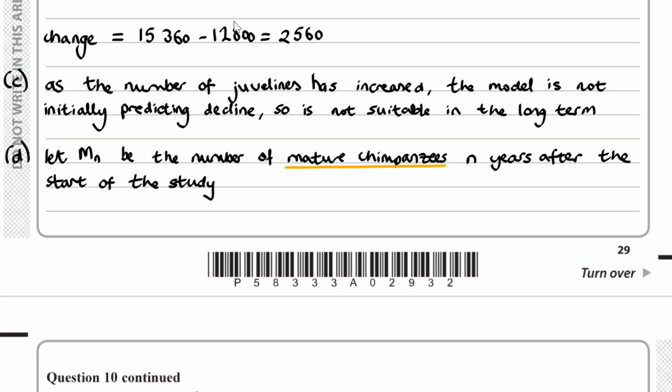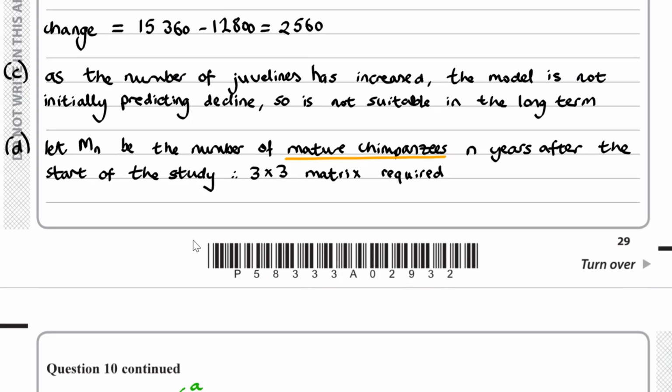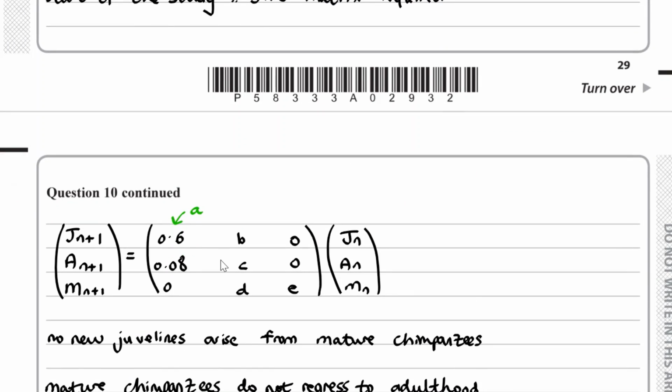So we've got that third variable that we need to introduce, and therefore we would have a 3x3 matrix. So we have a 3x3 matrix which is required. Having said that, this is our 3x3 matrix.